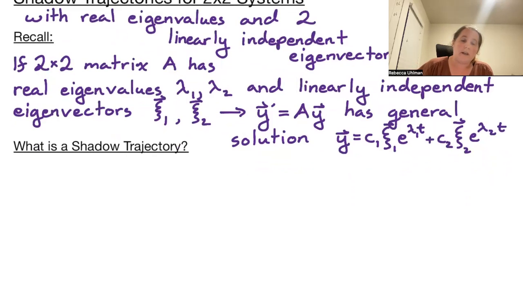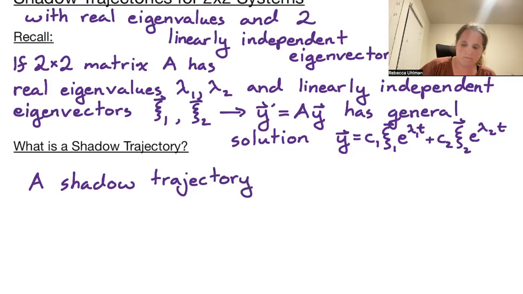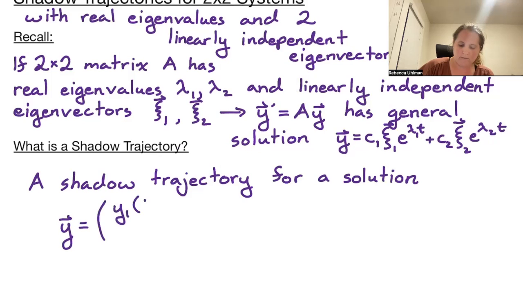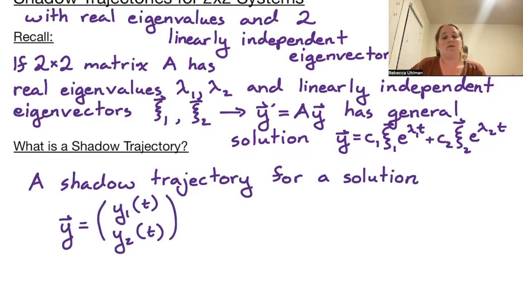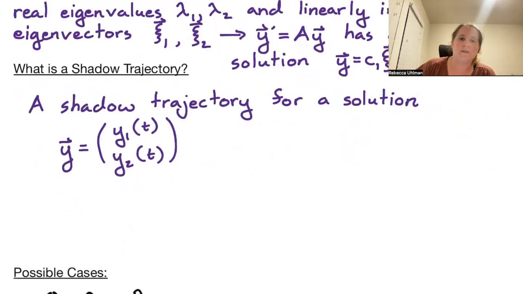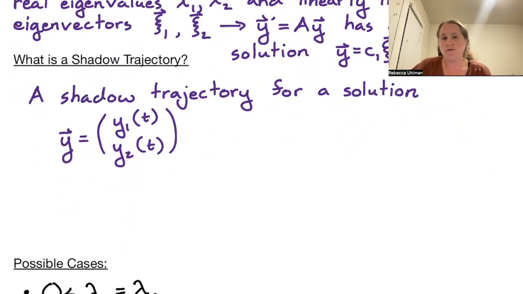Essentially, a shadow trajectory for a solution y equals a vector function y1 of t, y2 of t is the graph defined by the parametric equations x equals y1 of t and y equals y2 of t.